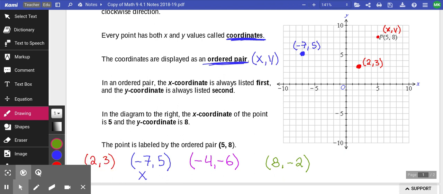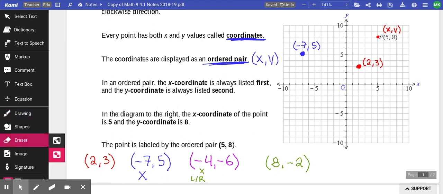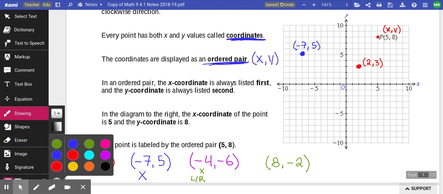The purple one, -4, -6. The first number is called x. It's telling you left or right. If it's negative, you're going left. So 4 spots to the left: 1, 2, 3, 4. I'm there.